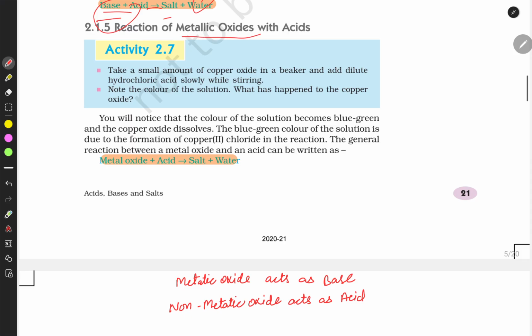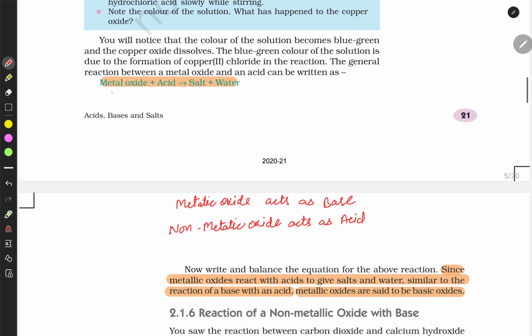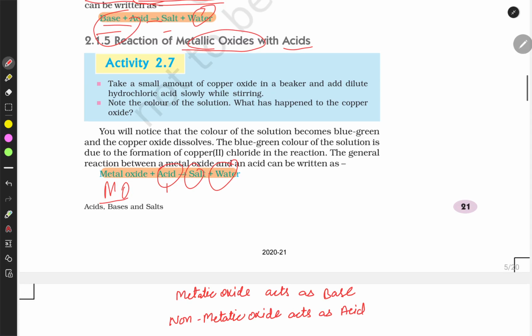Now the reaction of metallic oxides with acids. A metallic oxide reacts with the acid, and it again forms salt and water. When an acid reacts with a base, it forms salt and water.